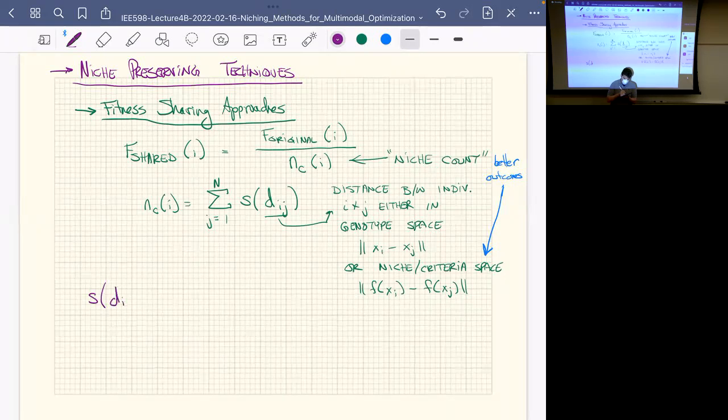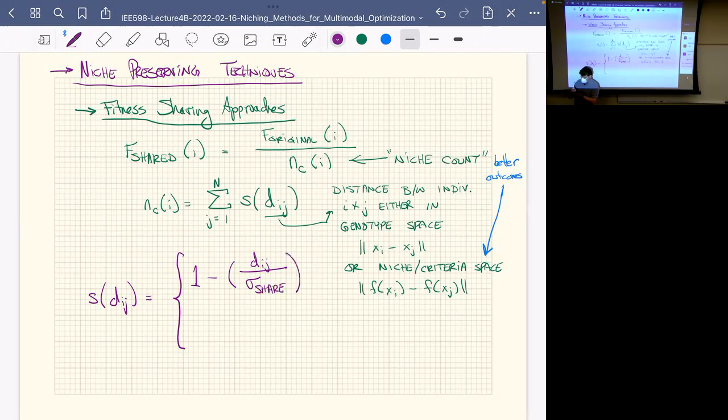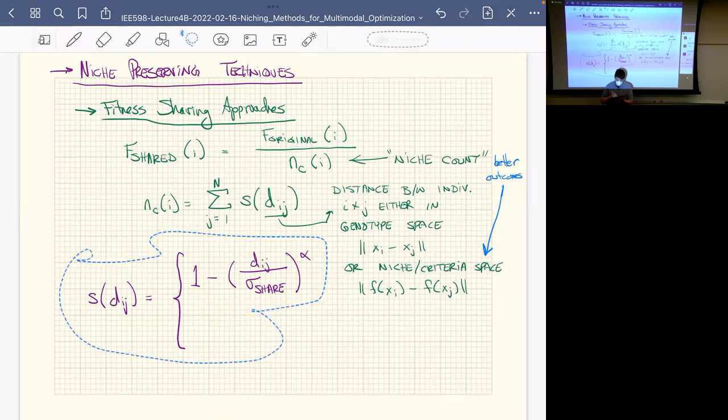S of d_ij is just going to be a function 1 minus d_ij over a hyperparameter, sigma share, to the alpha. I needed to give myself a little more space, so I'm just going to put this on a different page.